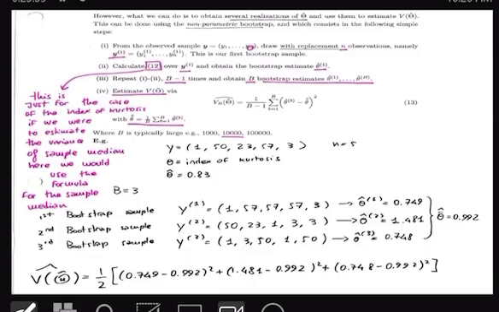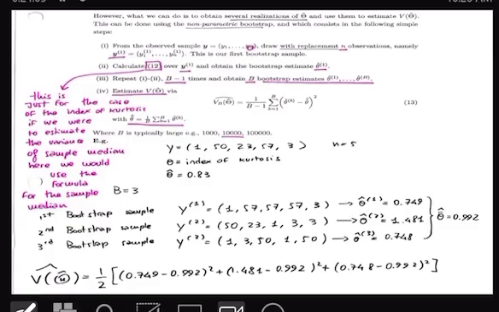I want to first focus on the non-parametric bootstrap. We have two types of bootstrap that I want to discuss in this class. The non-parametric bootstrap is the one that doesn't rely on assumptions, like we don't even know the functional form.